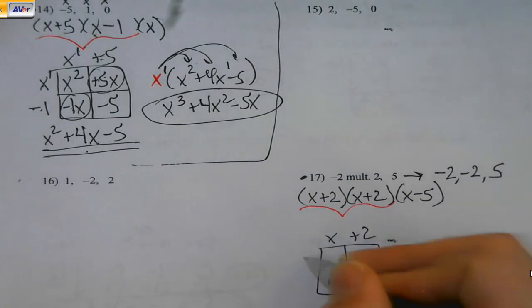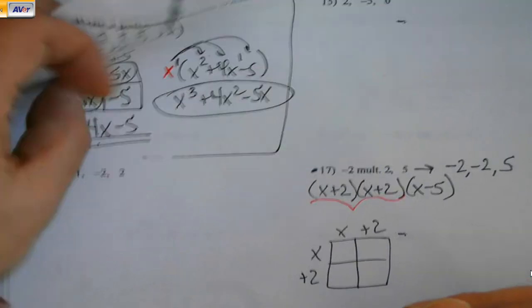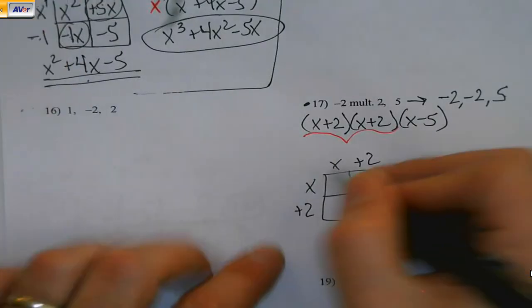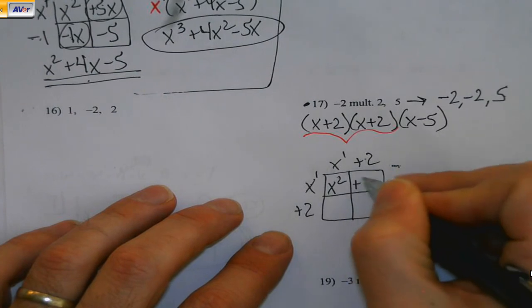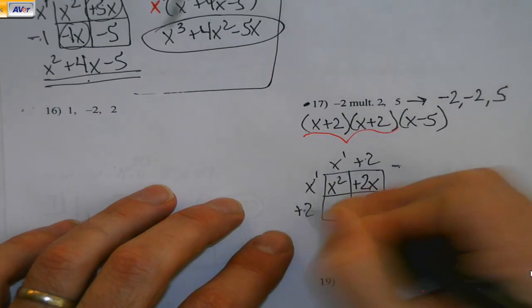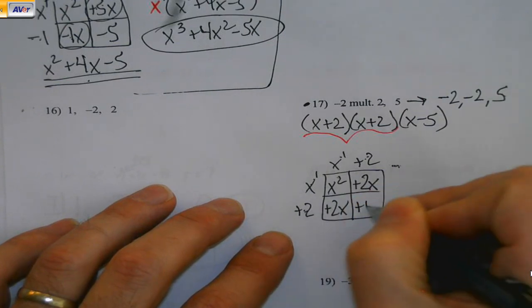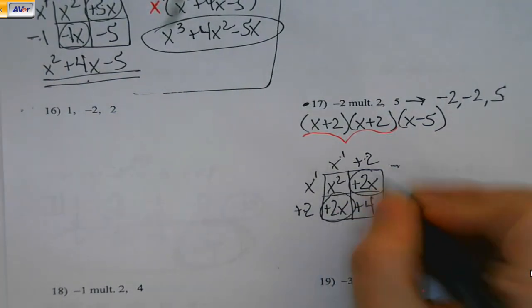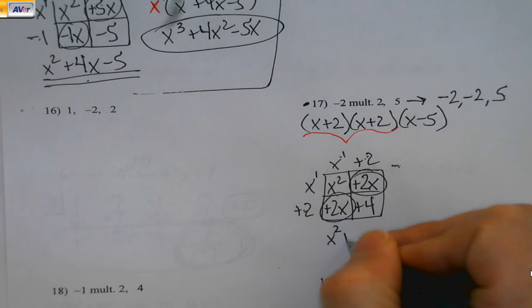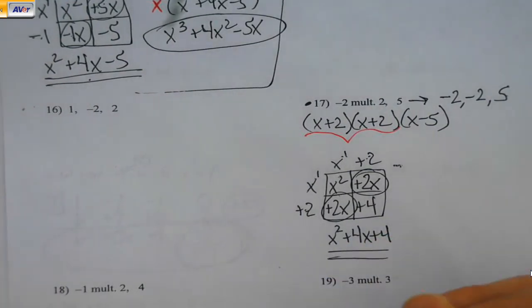This is getting me so much practice with basic multiplication skills and detail work that comes in handy as we do these. Again, multiply rules to fill in the box. Once the box is full, we're just combining like terms.